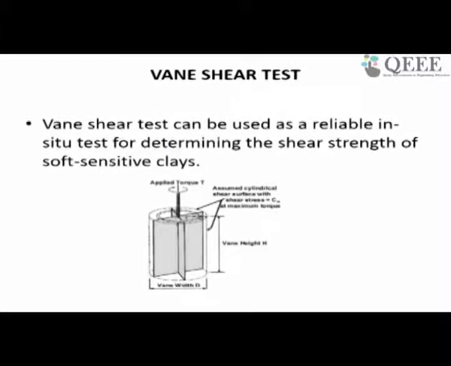Then we also discussed the vane shear test, where a vane is inserted into the ground, and the amount of torque required to shear the soil is recorded, which is used to find the shear strength of the soil, the undrained shear strength.